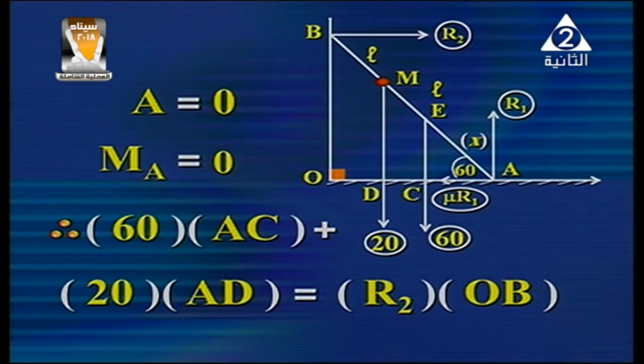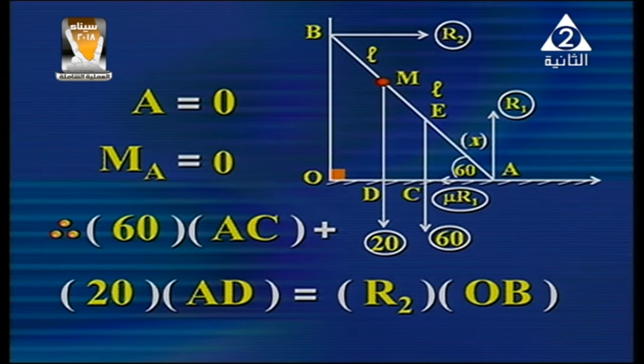By substitution, look at AE equals x: AC equals AE cosine 60. Also, AD equals AB cosine 60. But OB equals what? AB sine 60.